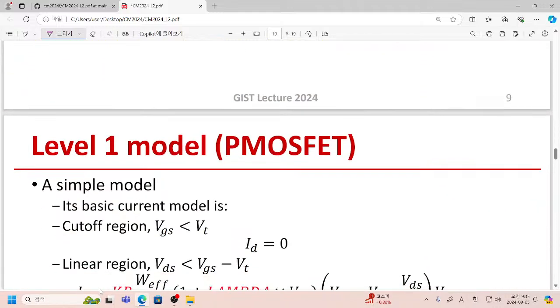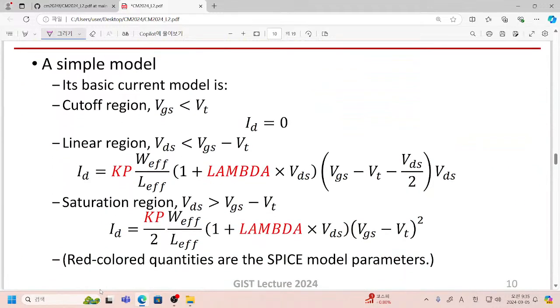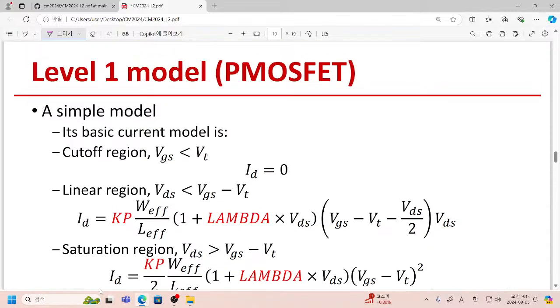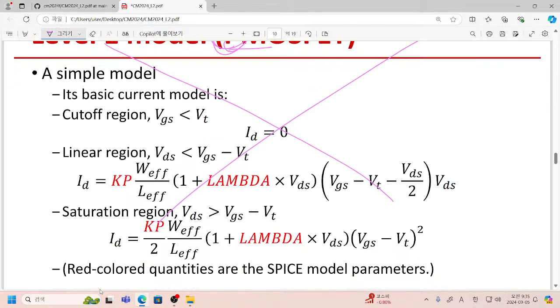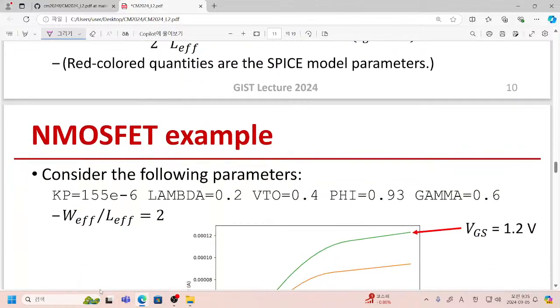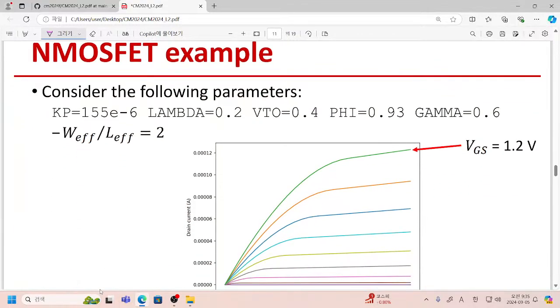For example, sorry about that. I think this page was prepared to give you the expression for the PMOSFET, but I didn't show it to you. So let's move to the NMOSFET example.